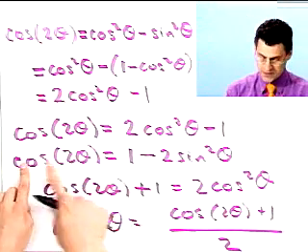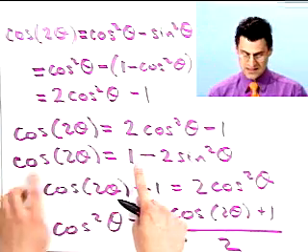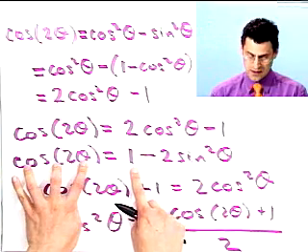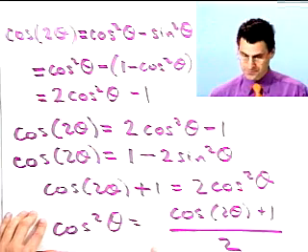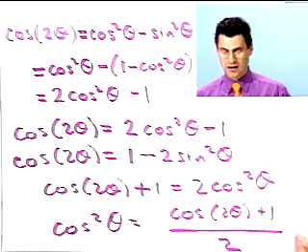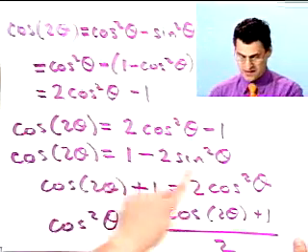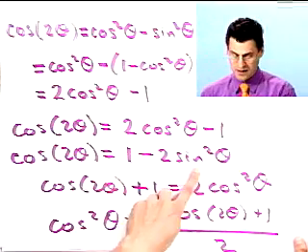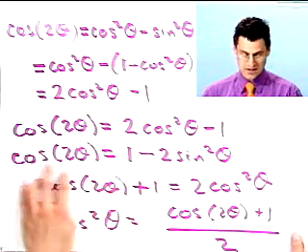If I were to take this thing here and solve for sine squared, what would I see? I would see cosine 2 theta minus 1, and then I have to divide everything through by negative 2. There I would see 1 minus cosine 2 theta, divided by 2. So let me put these formulas here.